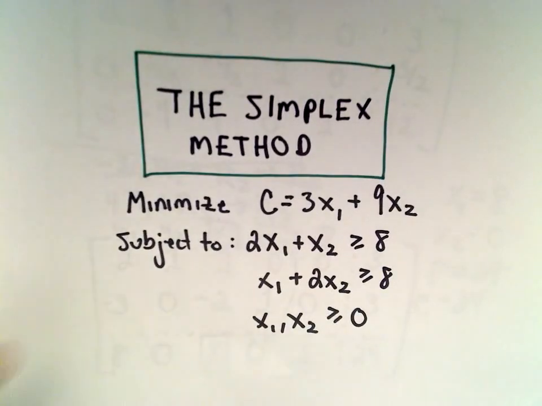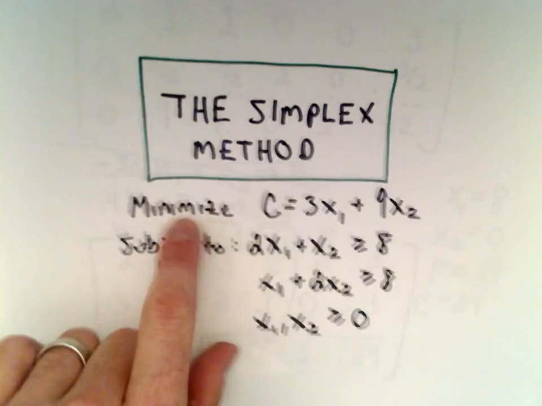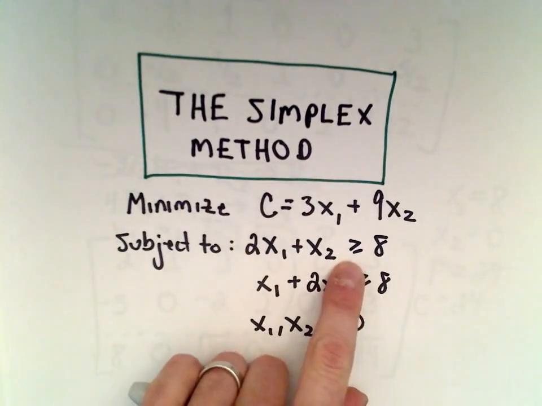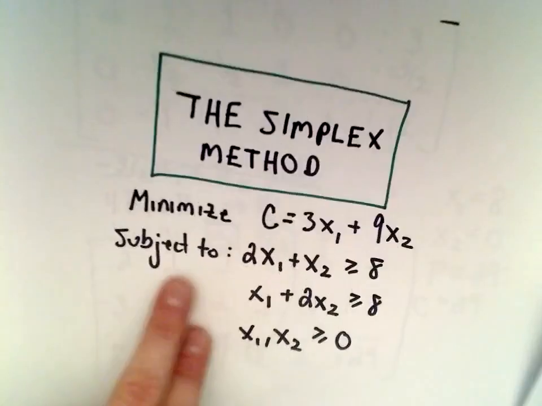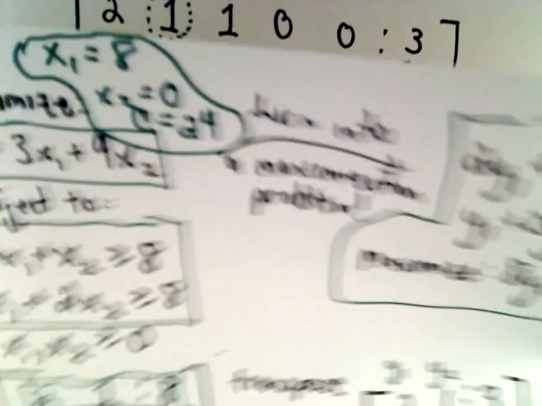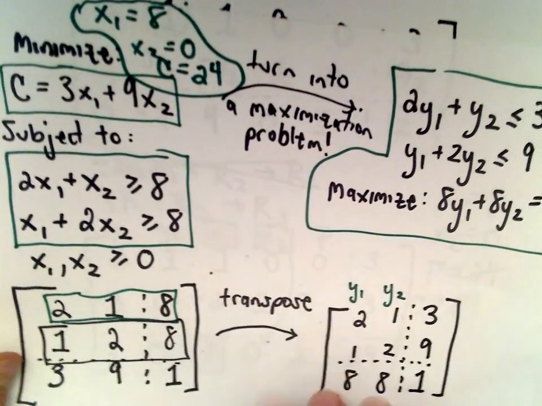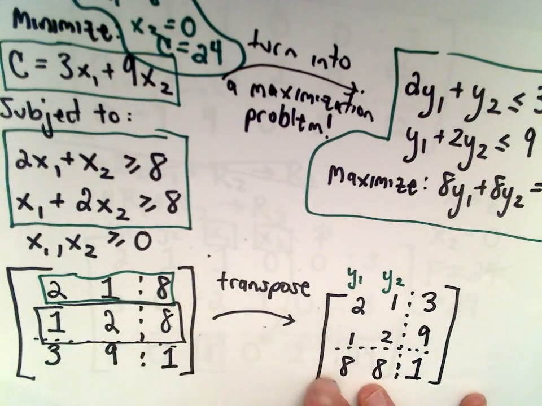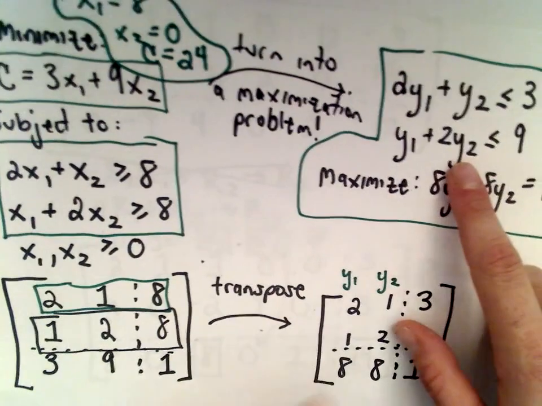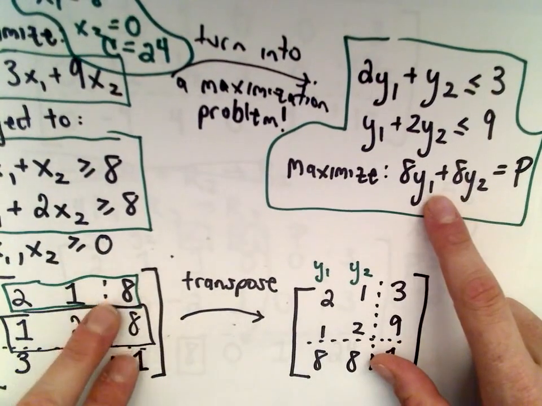Simplex method, right? Again, we've got a minimization problem, and the constraints are greater than or equal to. That's what we're dealing with. We turn that minimization problem into a maximization problem, and we do that by taking a transpose of a matrix. That gives us a new set of inequalities and equations.